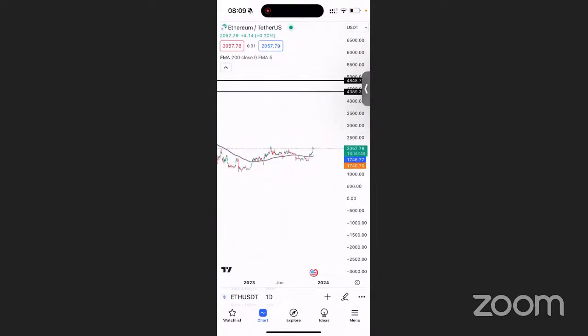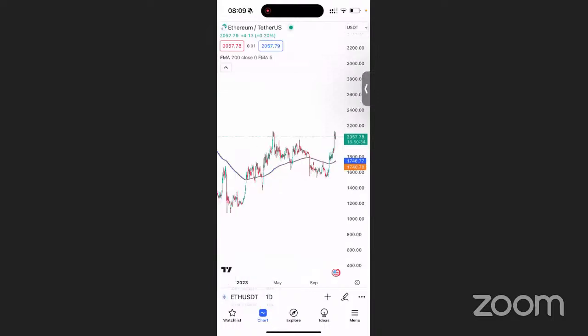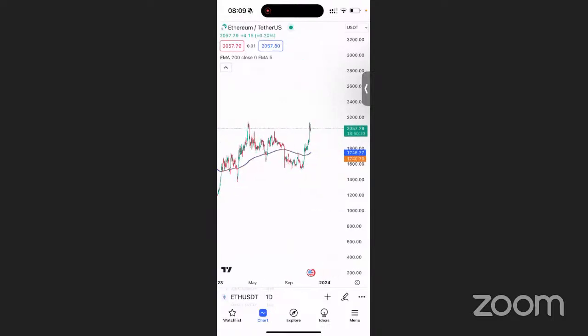And recently we have seen a major crossover, and Ethereum is now done with the downward movement, ladies and gentlemen, now trying to form an upward trend at a $2,000 cost. But we have seen a downward trend where Ethereum went down to close to $1,000. And now we see Ethereum has doubled its price after it has now formed above the 200 moving average.